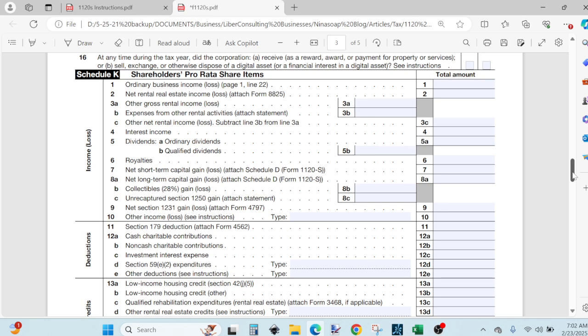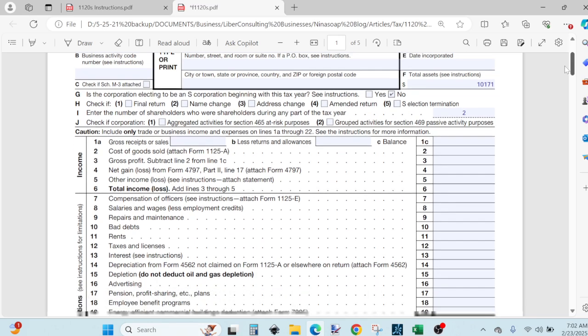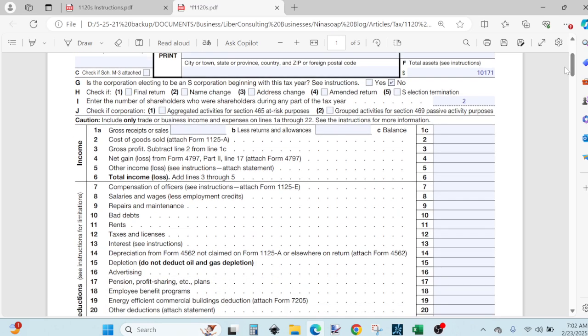You complete page 1 if you have business activities, active activities, like for instance, for our business, we sell things, and then we have service. When you are using your time for money, your revenue is going to go on page 1.